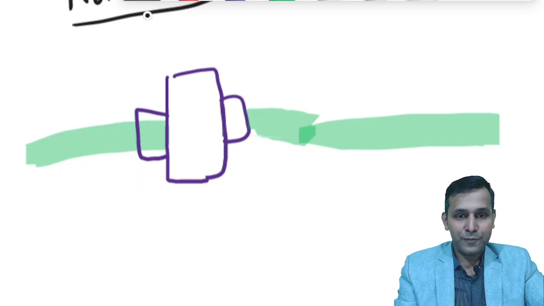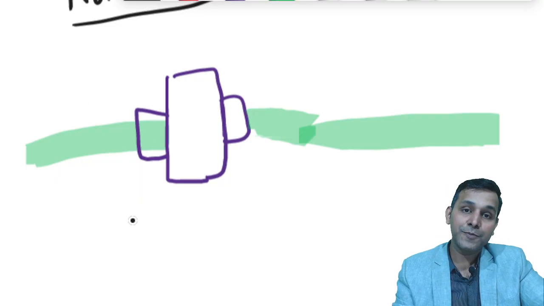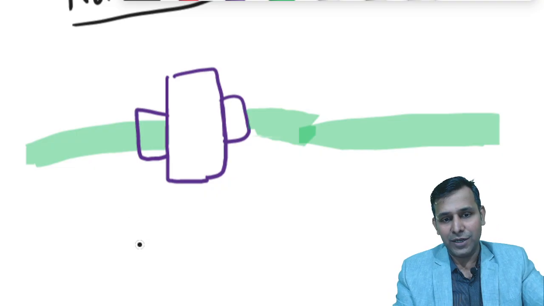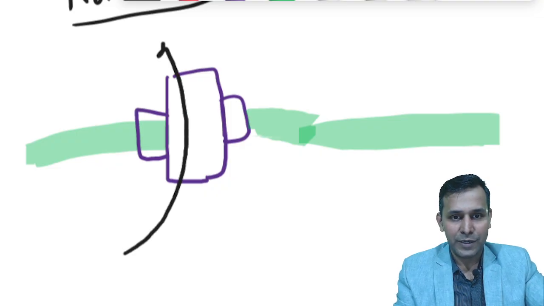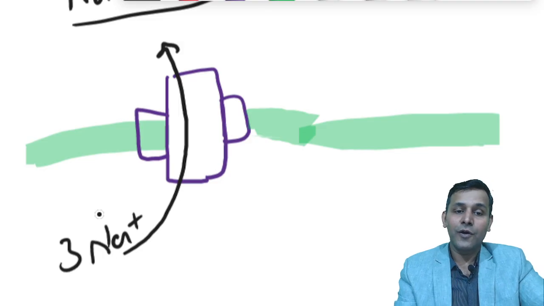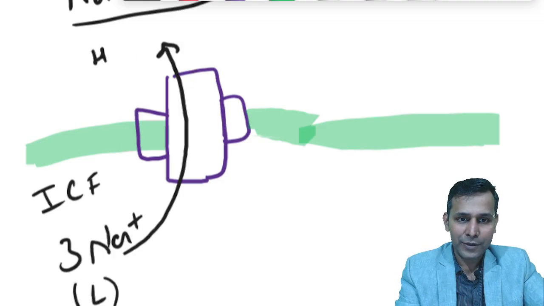How does this pump work? This pump works by transporting sodium against the concentration gradient from inside to outside the cell. It transports 3 sodium from ICF to ECF, that is from lower concentration to higher concentration.